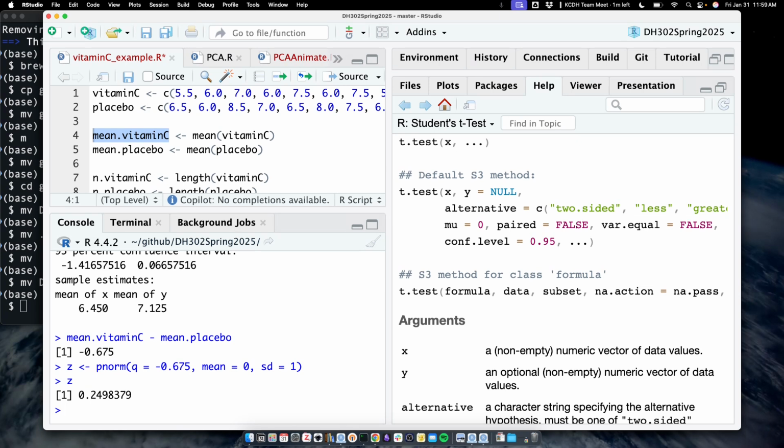This is your standard Z curve. If I ignored all the standard error information, if I just assume that they are all coming from a standard normal distribution, my test statistic lies here. Okay, this is minus 0.675. So this area is going to be very, very large, right? That's the value that you see, which is around 0.25.